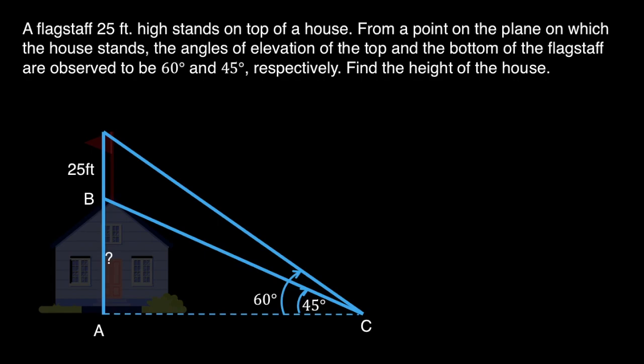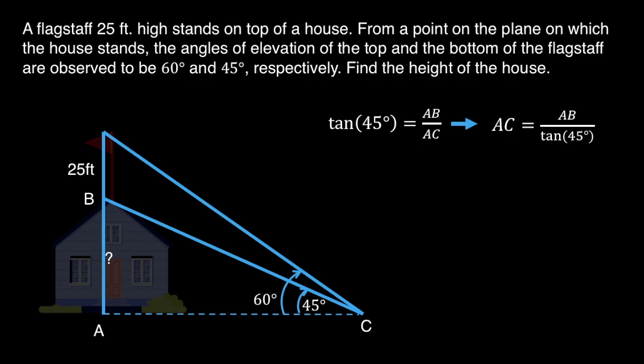Based on the illustration, we have two right triangles, one smaller right triangle ABC and the other larger right triangle with angle 60 degrees. For the smaller right triangle, we have tangent of 45 degrees equals its opposite AB over its adjacent AC. We isolate AC and get AC equals AB over tangent of 45.